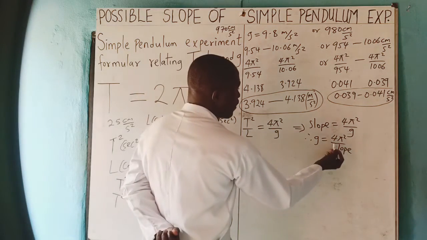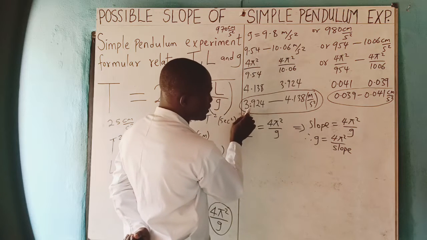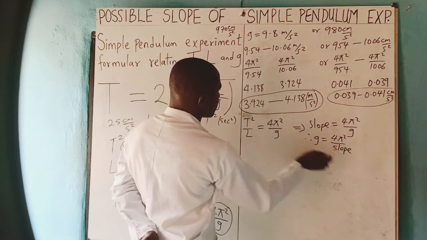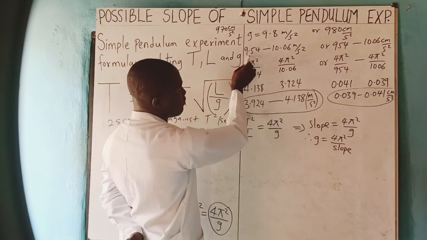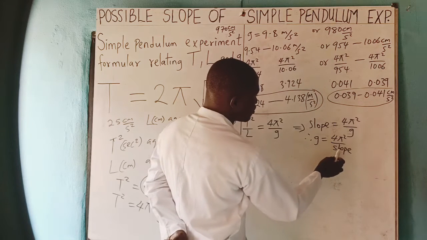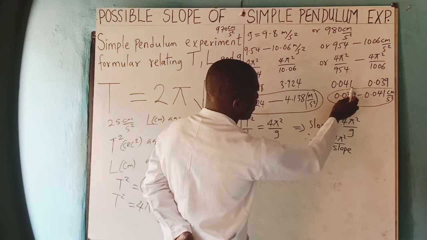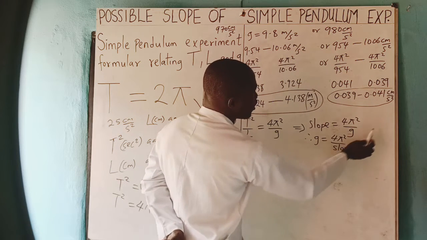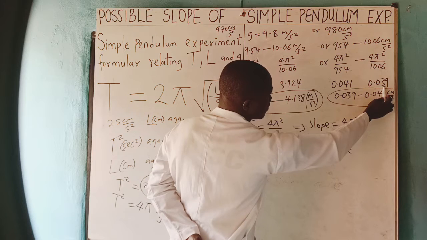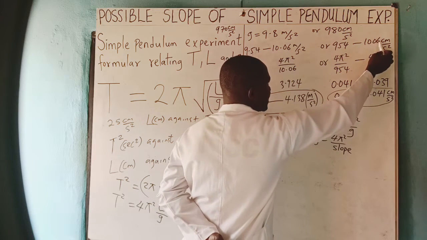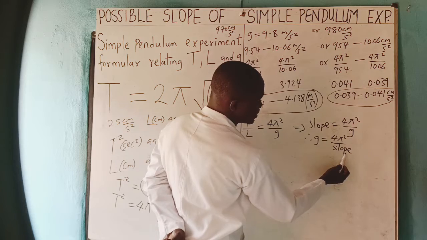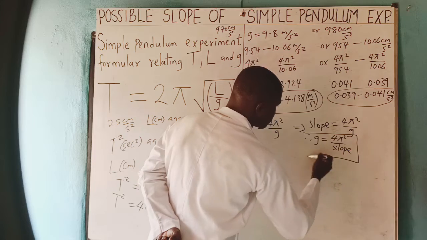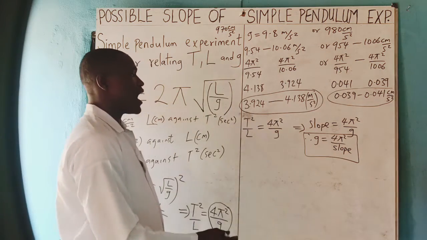And so 4 pi square over this slope will give you 10.06. 4 pi square over this slope will give you 9.54. 4 pi square over 0.041 will give you 954 centimeter per second squared. 4 pi square all over this, which is your slope, will give you 1006 centimeter per second squared.